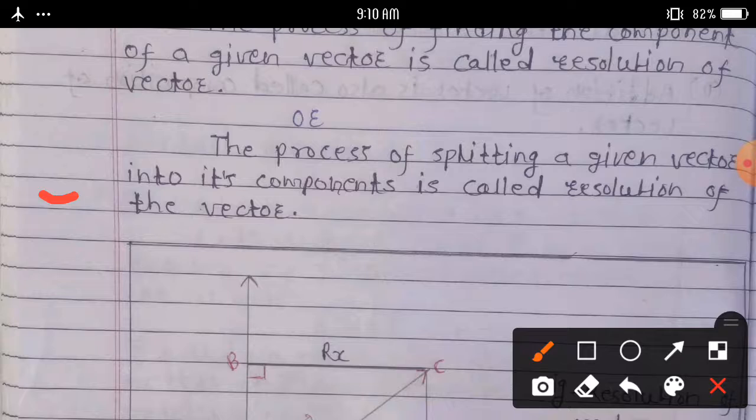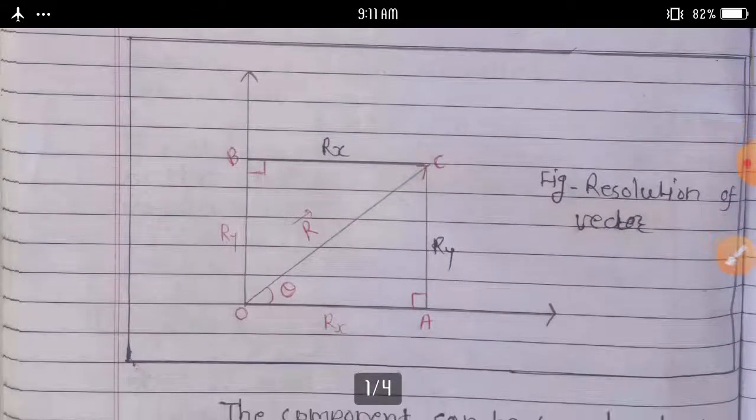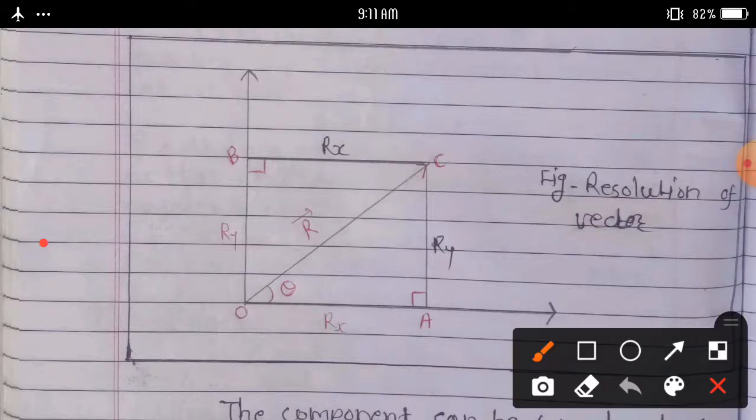See this diagram. This figure shows a resolution of vectors. The components can be found along the direction at any required angle, but if these components are found along directions which are mutually perpendicular, they are called rectangular components.